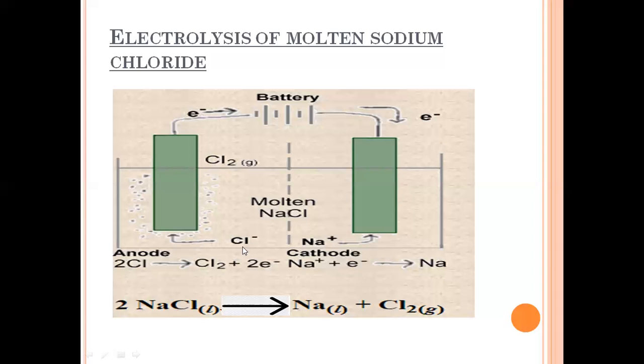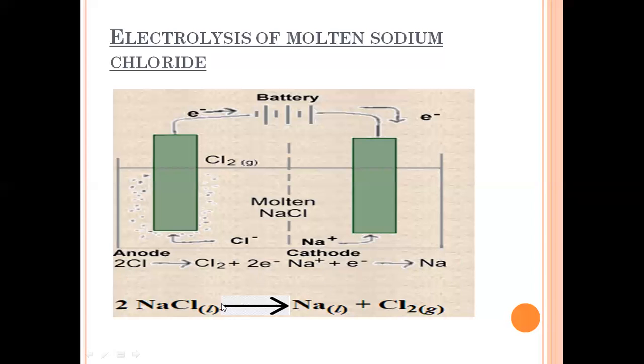So what is the overall equation? Actually, chloride comes to the anode and gives the electrons and itself becomes a gas and evolves out. But at the cathode, sodium positive ions gain an electron and become an atom.